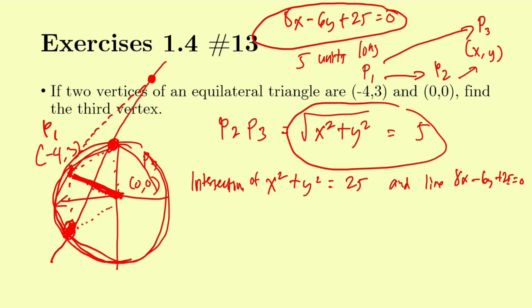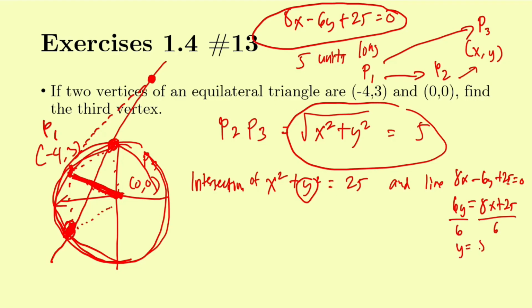We will express 8x minus 6y plus 25 in y form. Then we can substitute what we get for y in the circle equation. So this will become 6y is equal to 8x plus 25. It's like we're adding 6y to both sides of the equation, and then we have flipped the left side and right side, and then we divide both sides by 6.